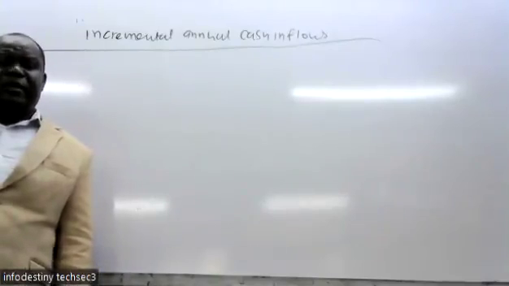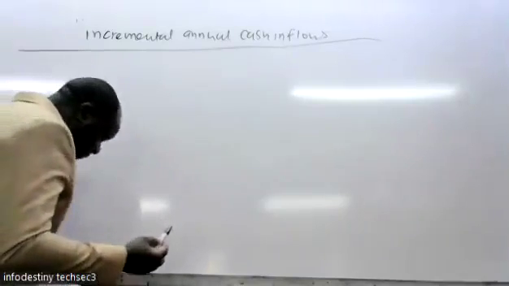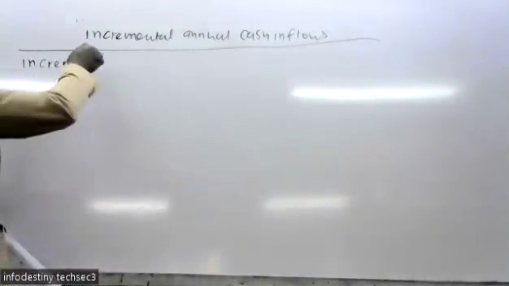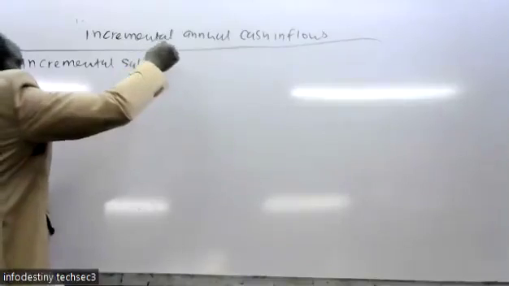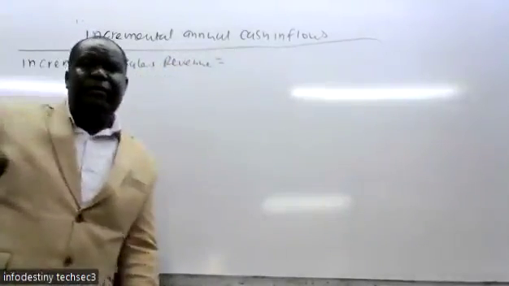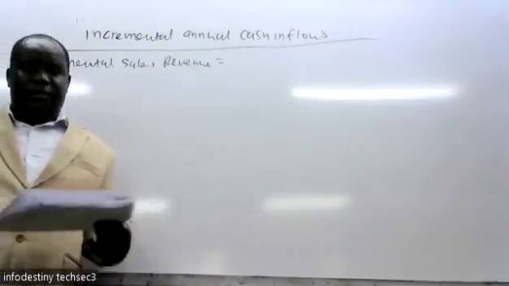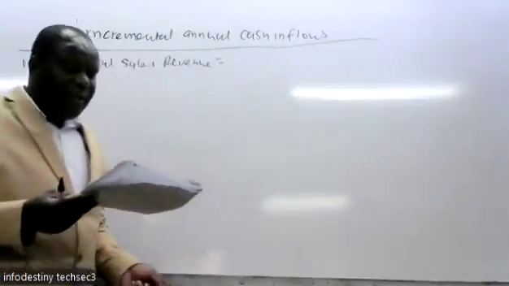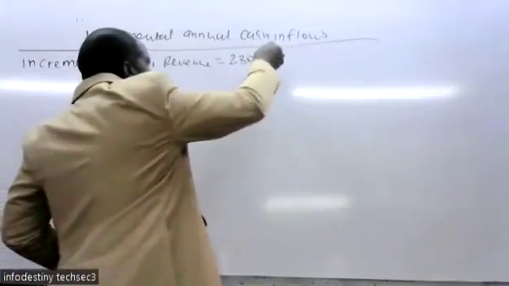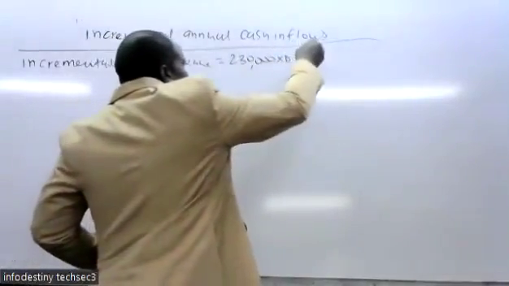So we start with the incremental sales revenue. What you do, you take the sales of the advanced model, you minus the sales of the existing model. So for the advanced model, you can see 230,000 units. You take 230,000 units multiplied by the selling price per unit, which is 0.95.